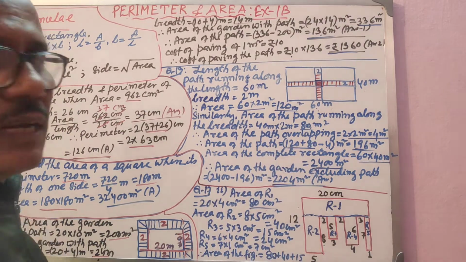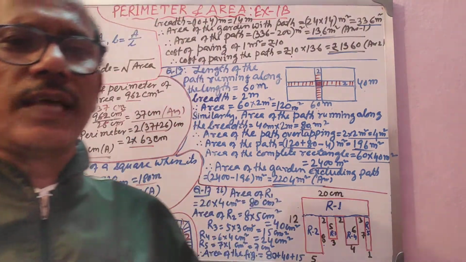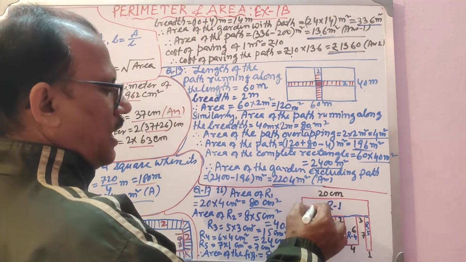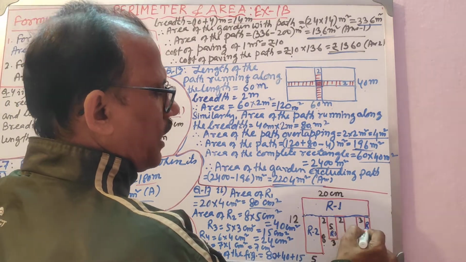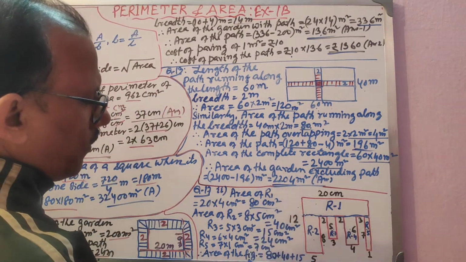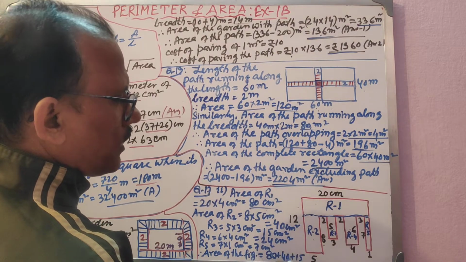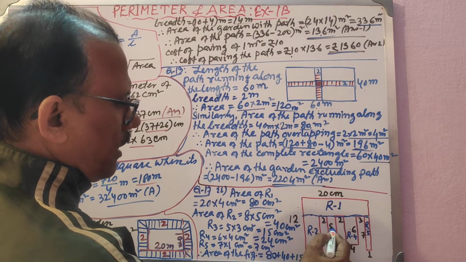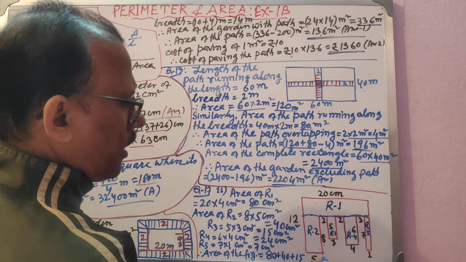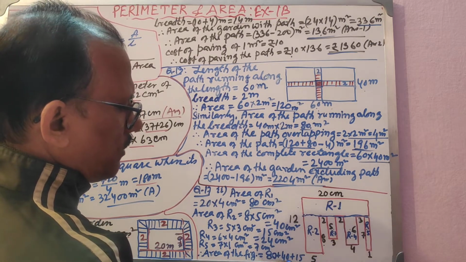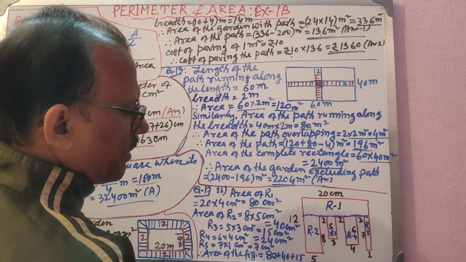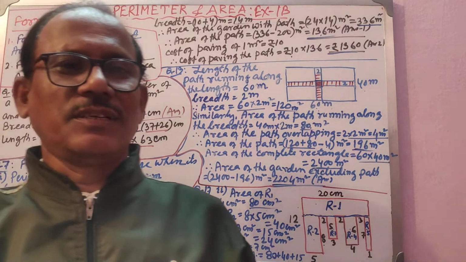So the total area will be the summation of all the rectangles' areas, that is R1, R2, R3, R4, R5. So the area of the figure will be 80 plus 40 plus 15 plus 24 plus 7, which is 166 centimeters square.